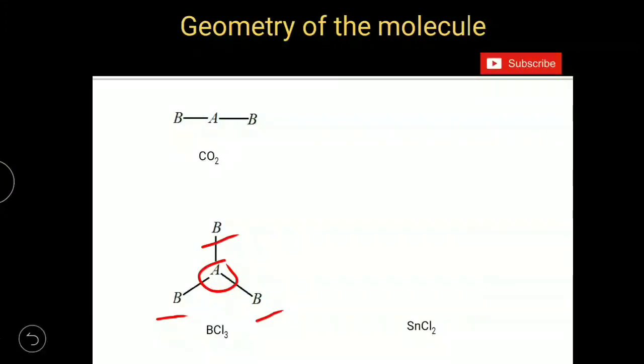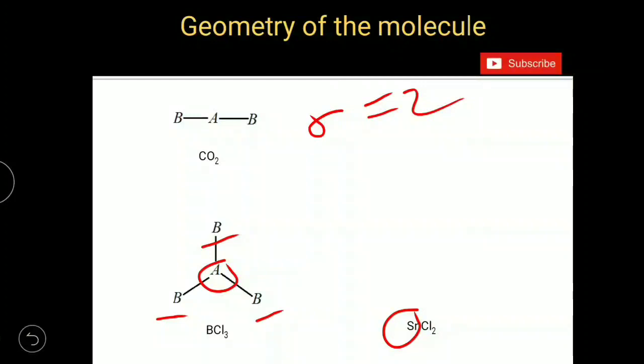And come to stannous chloride. Here tin, stannum, is bonded to 2 chlorines. So the number of sigma bonds is equal to 2. And let us find out how many lone pairs are present in tin.